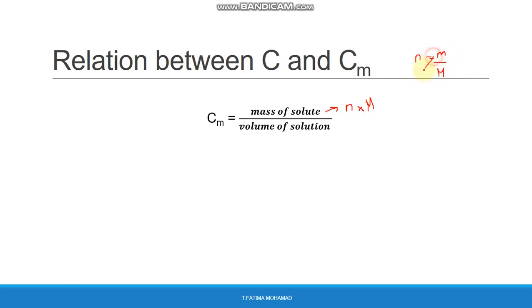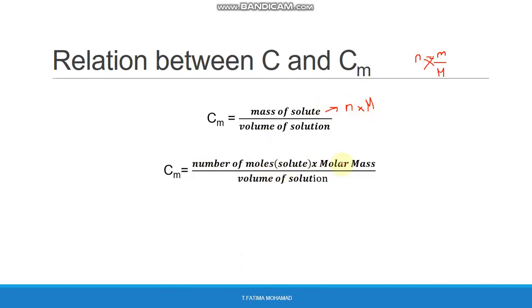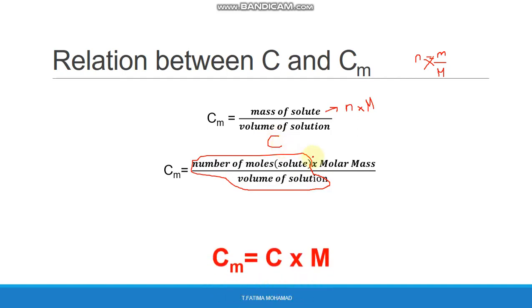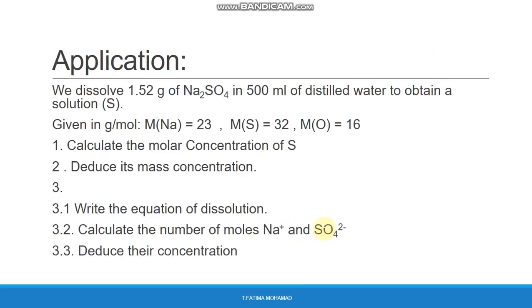So by cross multiplication you get that m equals n times molar mass. So Cm equals n times molar mass over V, which is the number of moles over V, and that is C, times the molar mass. So Cm equals C times molar mass. So mass concentration equals molar concentration times the molar mass of the solute.